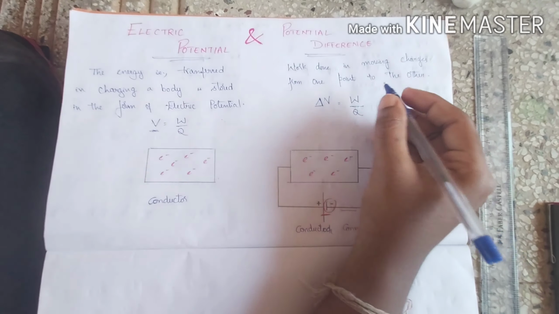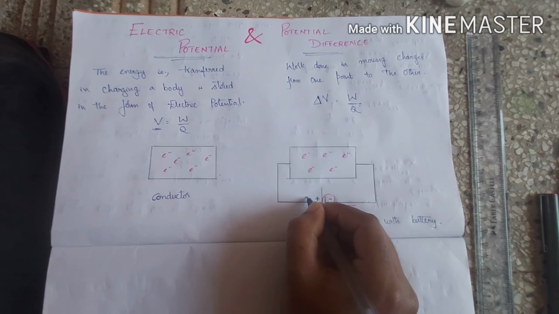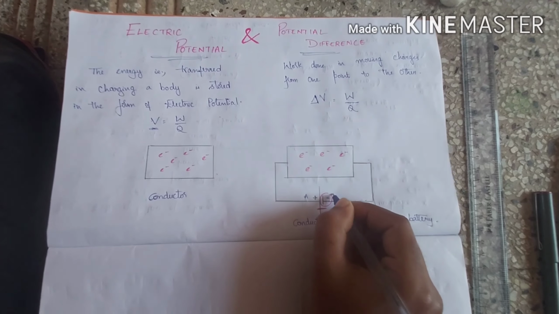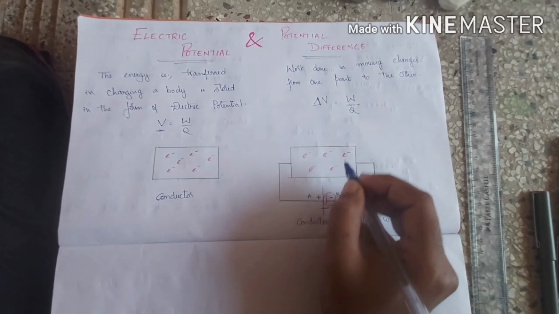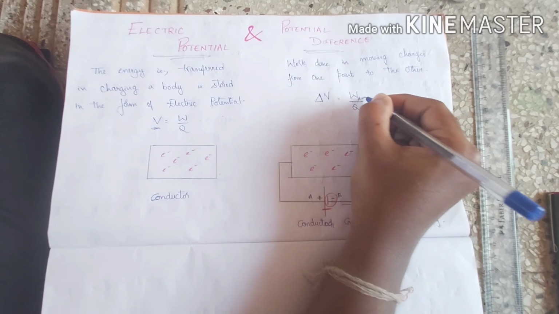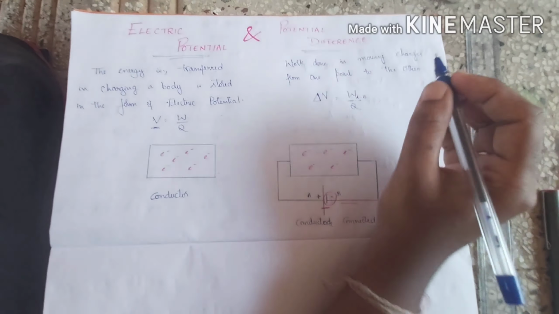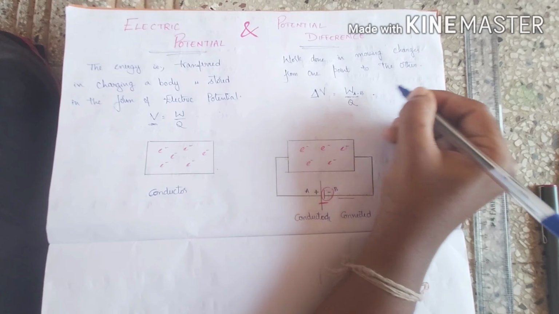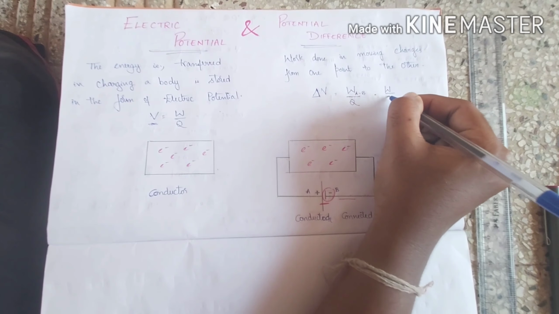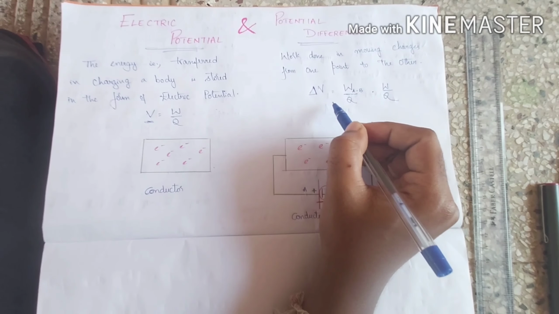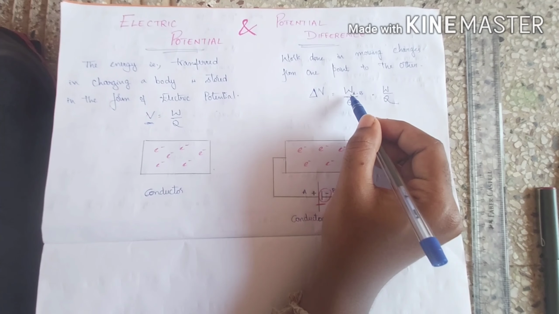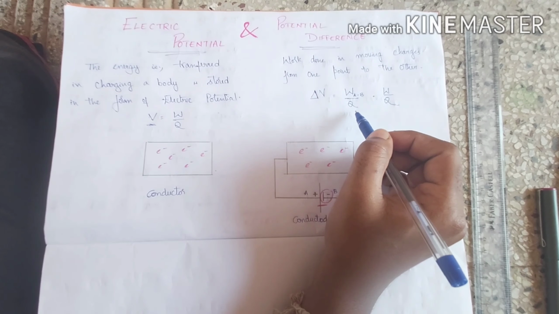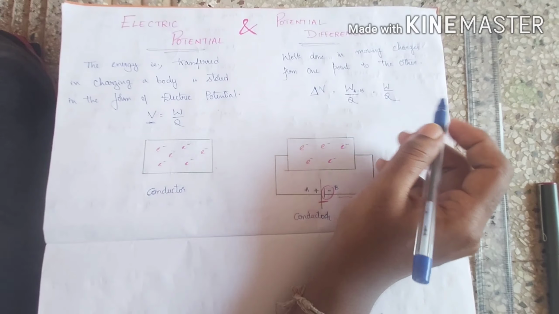Let's take this as point A and point B. So considering the charges, work done in moving charges from A to B. Simply, in your CBSE, you will be writing only W by Q. So potential difference delta V is equal to work done in moving charges from one point to the other. Delta V is equal to W by Q.